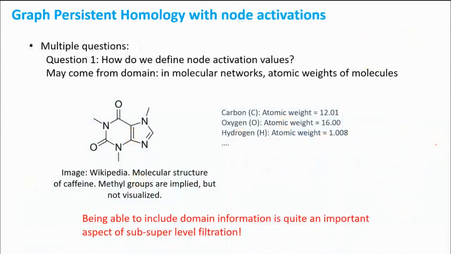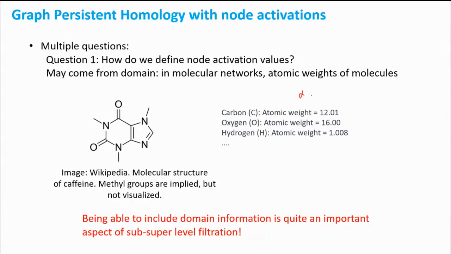So here also we have multiple questions. How do we define node activation values? This is actually not a challenge. That's actually a good thing, because in many articles, if you have domain values for nodes, they have been found to be quite useful. For example, in molecular networks, people use atomic weights of molecules. For example, carbon has an atomic weight of 12, oxygen has an atomic weight of 16.